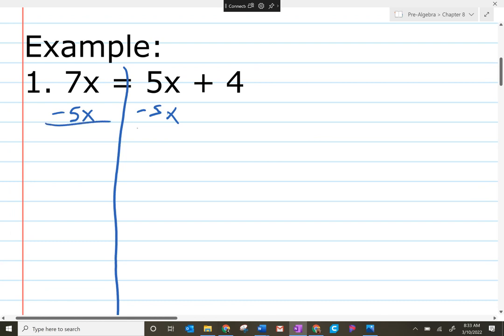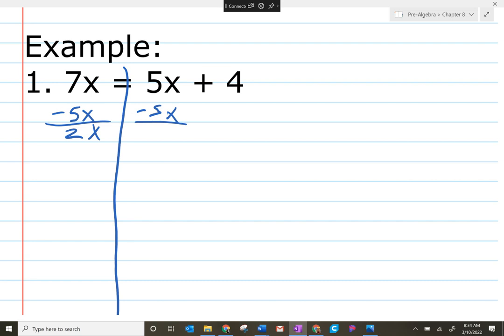All right. So I'm going to subtract. I get 7x minus 5x. When they have the exact same letter, when they both have an x like that, I'm only going to subtract the number in front. The letters will not change.